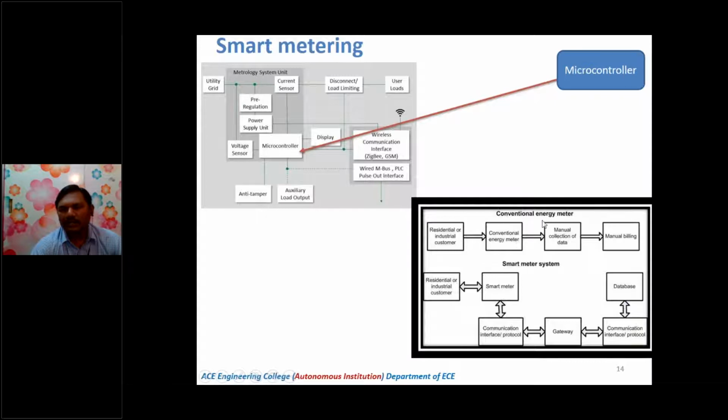In the conventional energy meter, we collect the data manually and give the bill; billing is also done manually. Whereas in the smart meter system, we are using a microcontroller, so it is automated, and the data is also stored in a database system.